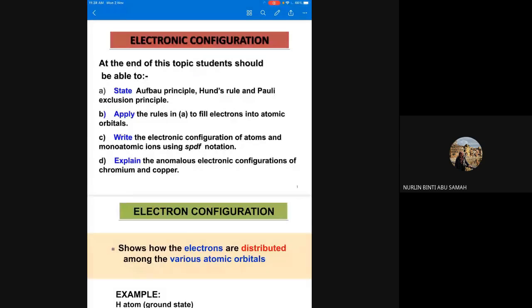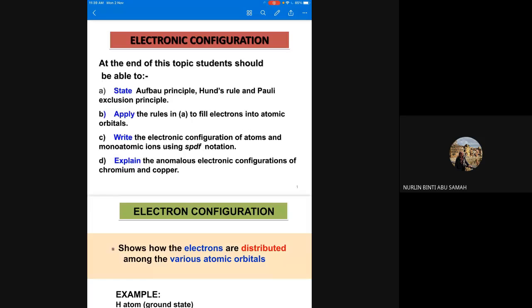Okay, so now is the very important part and the famous part in General Chemistry 1. In this part, you will learn how to write the correct electronic configuration. But before you can write the electronic configuration, you need to understand there are three principles that you need to follow.